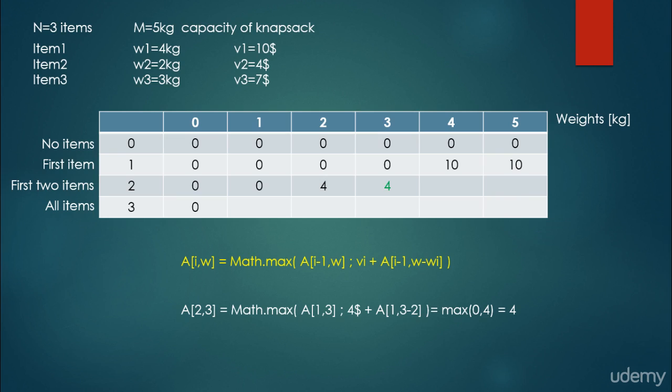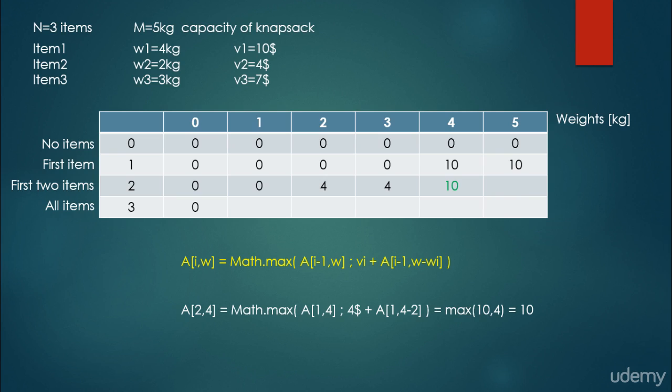So $4 plus the value in the lookup table with row index 1, column index 3 minus 1. If we look it up, we come to the conclusion that it is 0, so $4 plus 0 is equal to 4. We have to decide whether 0 or 4 is greater. We easily conclude that 4 is the integer we are looking for, so we put it into the right place.